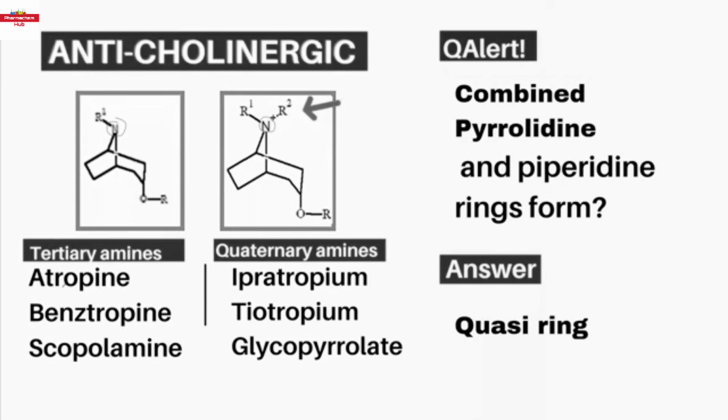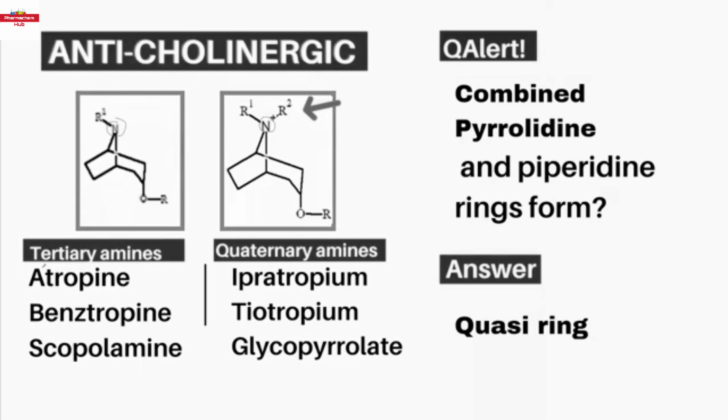Atropine is a prototype of all anticholinergic drugs. It is known to have a very unique structure in that it has a tertiary amine. What that means is, since it has a tertiary amine, it becomes non-selective. It can cross the blood-brain barrier and can also produce therapeutic effects on the central nervous system.